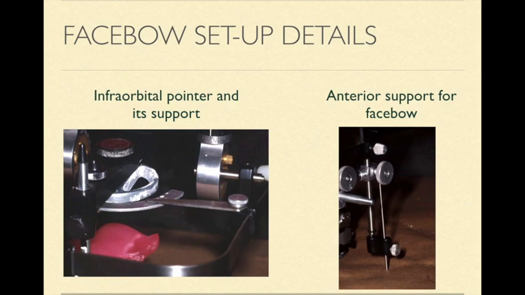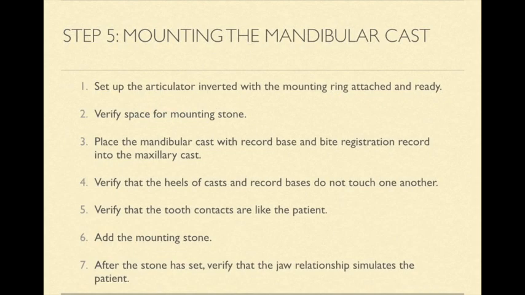The relationship should be the same as you saw in the pictures, and the anterior support for the facebow also needs to be the same as in the pictures. After you finish the upper cast mounting, you will do the lower mandibular cast mounting, followed by your bifurcation record.